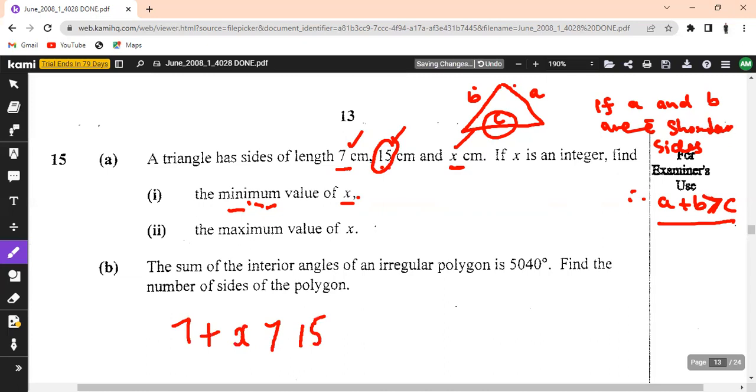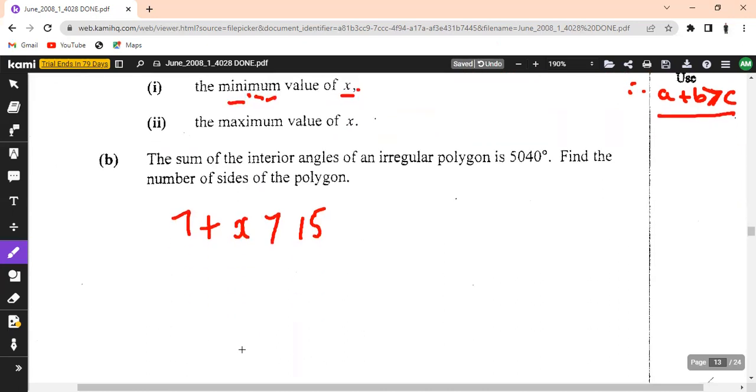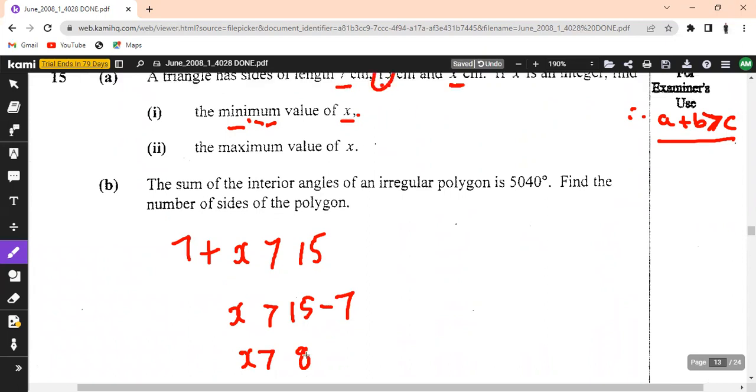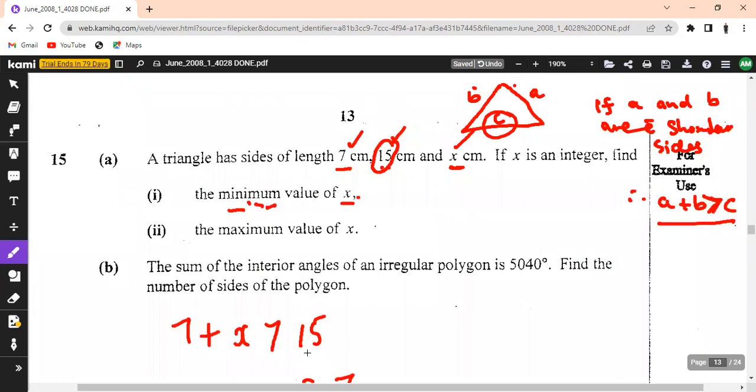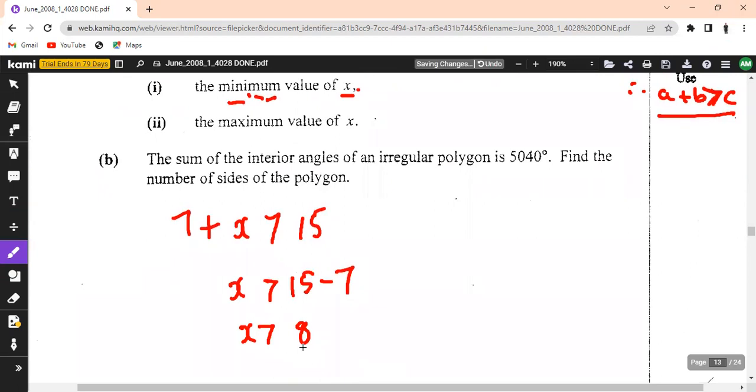So what then is going to be our x? You can play around with this. x is greater than 15 minus 7, which is 8. So x is supposed to be greater than 8. But this x is an integer. Which is the smallest integer that is greater than 8?